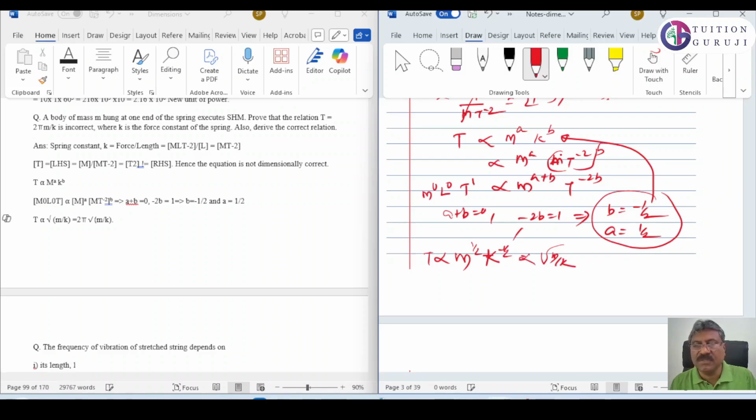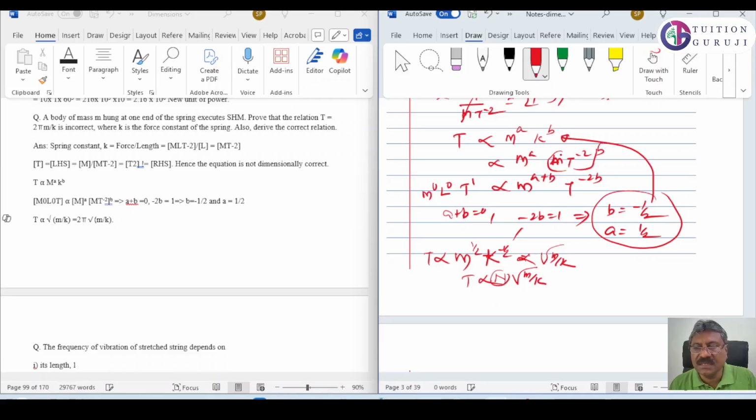So T is proportional to the root, and there is a constant. What will be the constant? K we have already used here, so we'll use maybe n. N is a constant, so T equals n times square root of m by k.